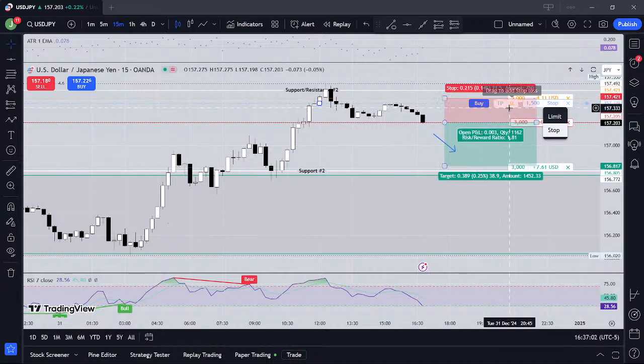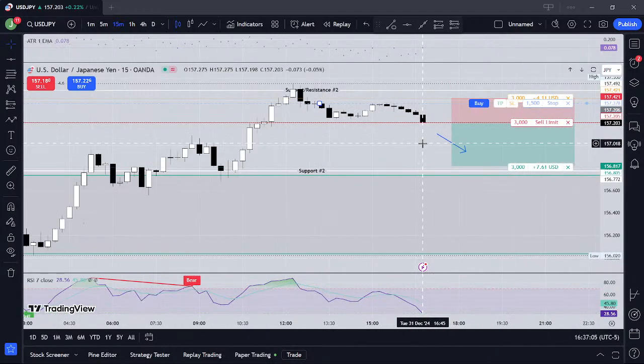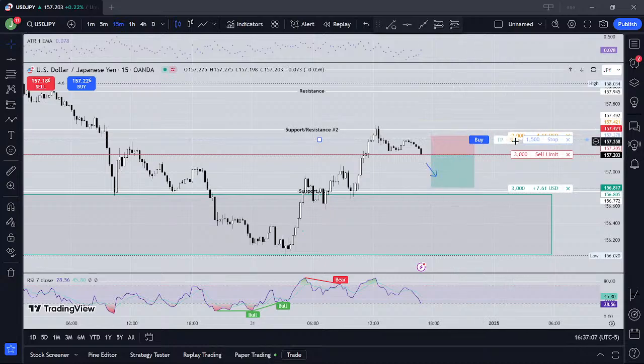Take profit is going to be at my former resistance.